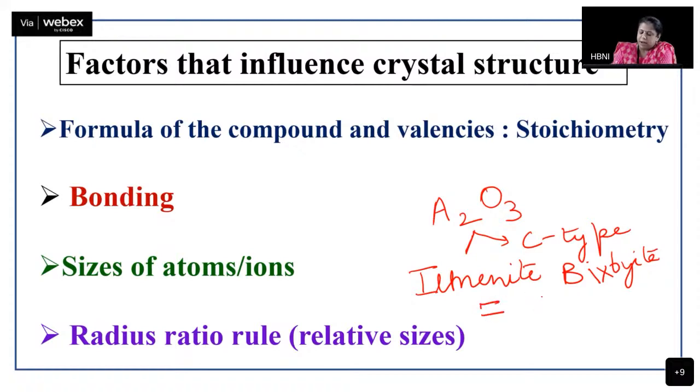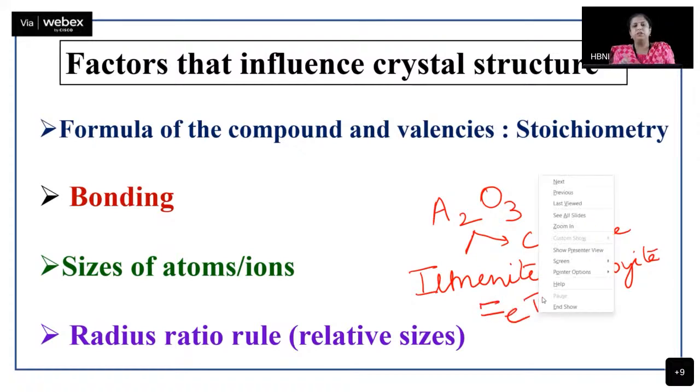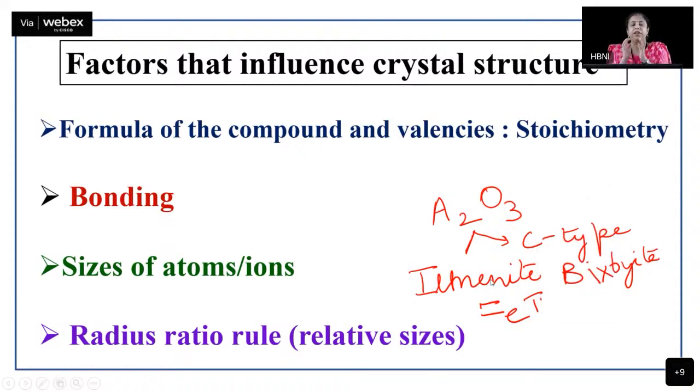So my point is, even though the stoichiometry is the same, when your ions are bigger, they go to the bixbyite structure. In fact, bixbyite is a structure adopted by all your rare earth oxides, lanthanum oxide, gadolinium oxide, then dysprosium oxide. And ilmenite, as in FeTiO3, is the structure when your ions are smaller.